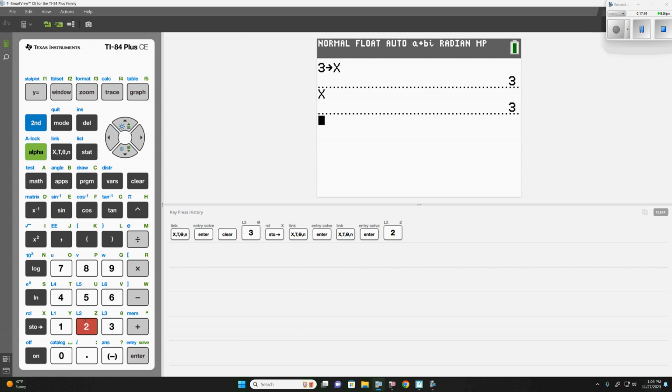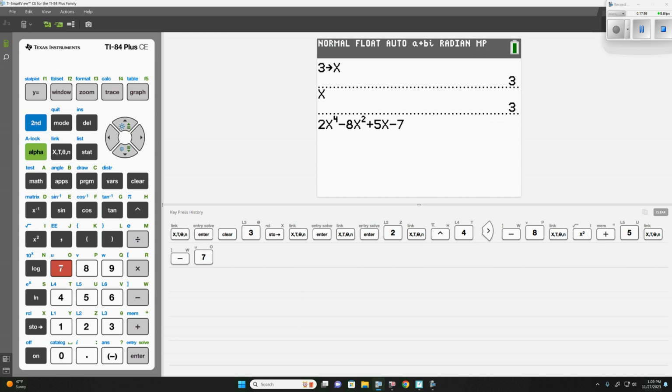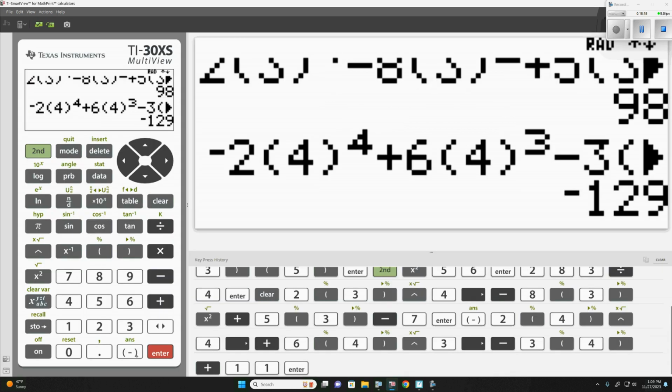So then I can type in 2x to the fourth minus 8x squared plus 5x minus 7. And we said this was what? 98. Store is right above on. And it works on either calculator.